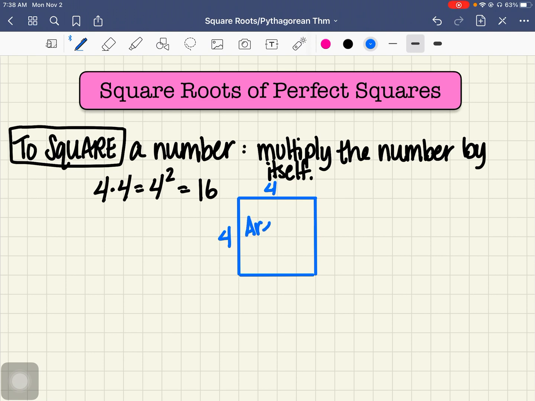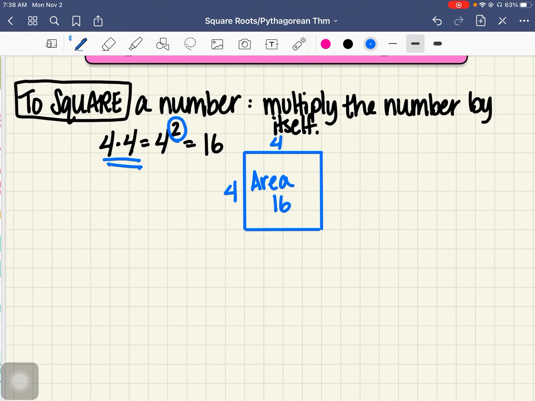The area of this square is 16 because it's 4 times 4, or 4 squared. That's why we use the vocabulary squared. So to square a number means to multiply the number by itself. We are literally making squares out of numbers, which is why I have this on graph paper today. It's a little bit easier to draw squares.